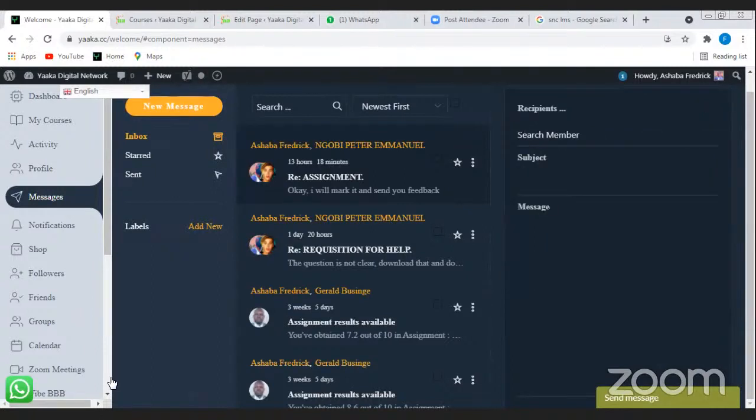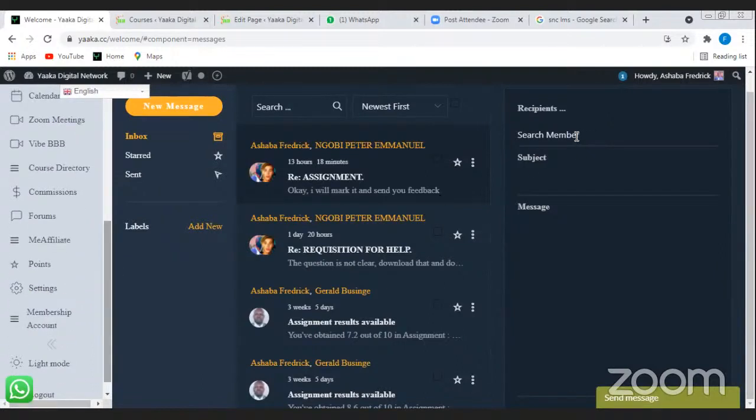So when you click on new message, there is this other side which is appearing on the right. So where you have recipient, then they say search member, then subject. So like what you're talking about, the message you're going to send. Then it has message, which you can type. So here you'll be searching for the name, and I think most of you know my name.